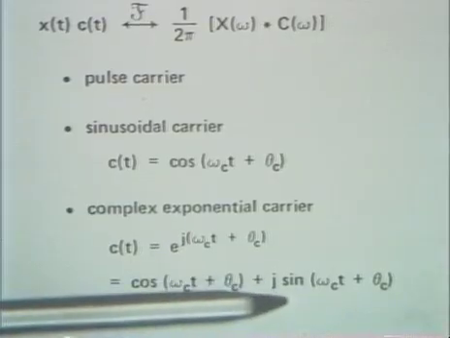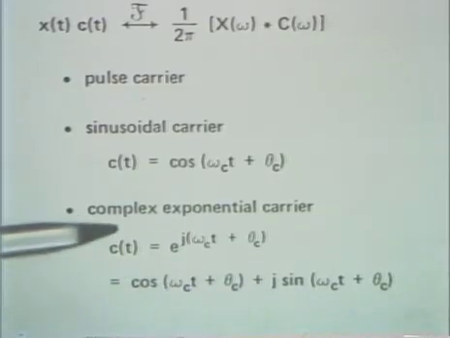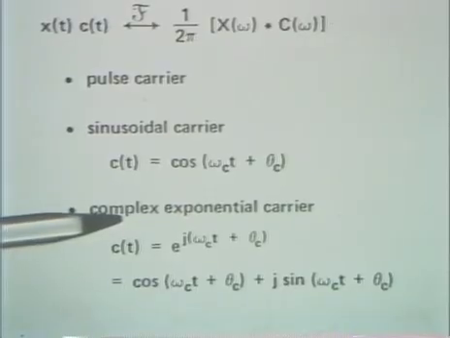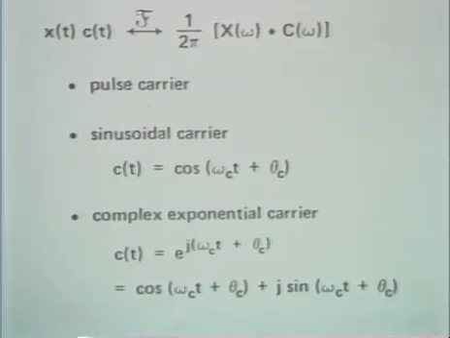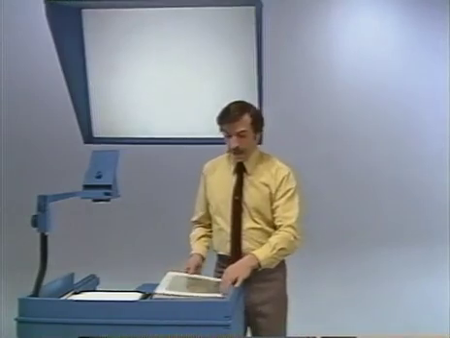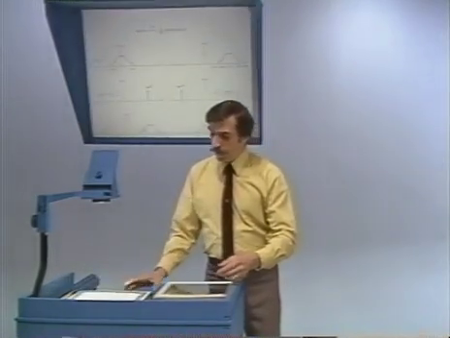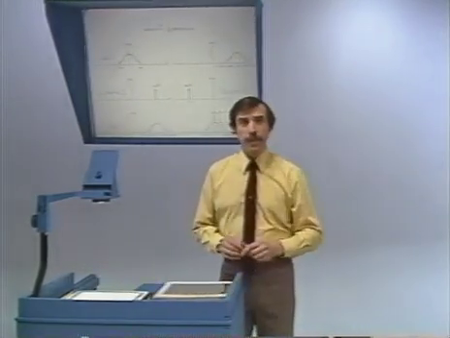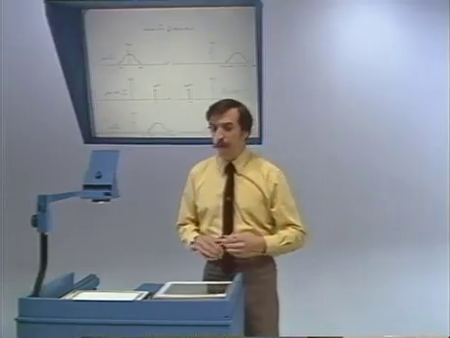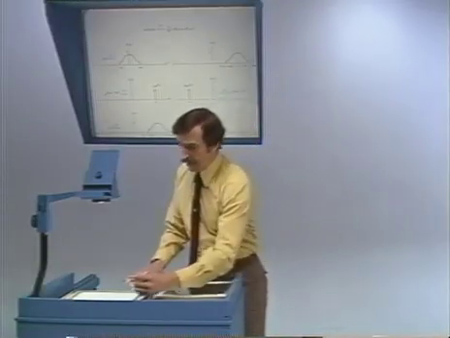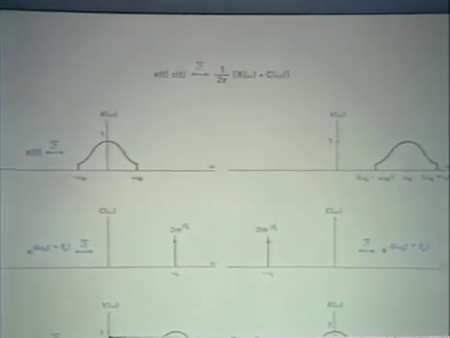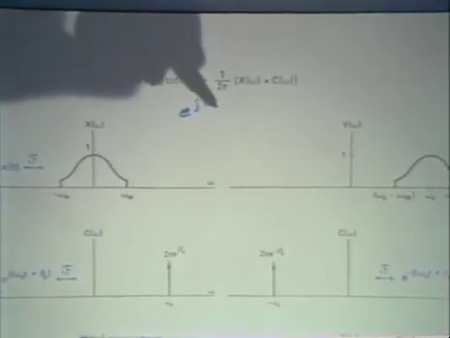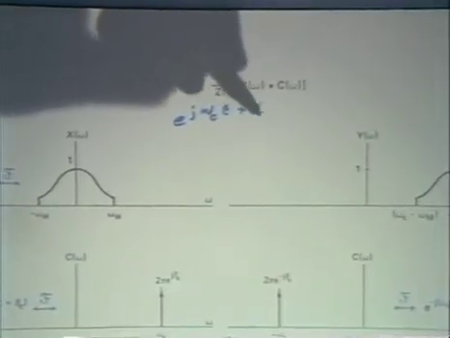So let's first begin the discussion of amplitude modulation by considering a complex exponential carrier and then moving on to a discussion of a sinusoidal carrier. So the issue then is that we have a signal, x of t, it's multiplied by a carrier, and the carrier that we're considering is a carrier signal, c of t, of the form e to the j omega ct plus theta sub c.